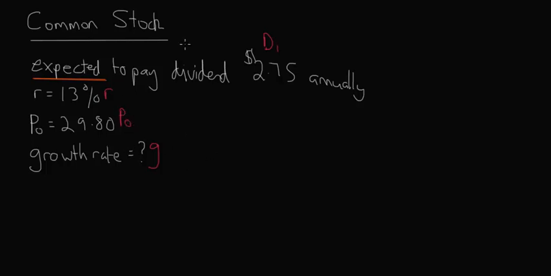Now, what formula links these together? Well, we know that P0 equals D0 times 1 plus G over R minus G, and that is the same as saying D1 over R minus G. Now we have this, this, this, and this, so let's write P0 equals D1 over R minus G. Now let's plug in.